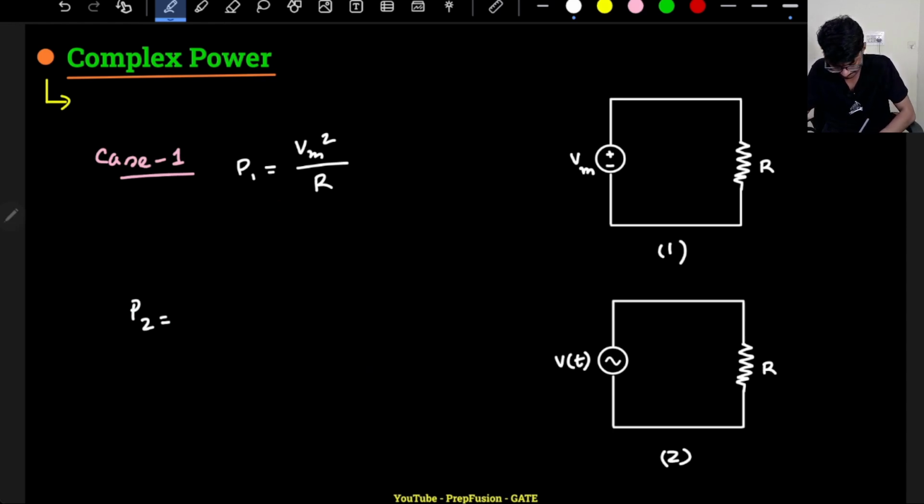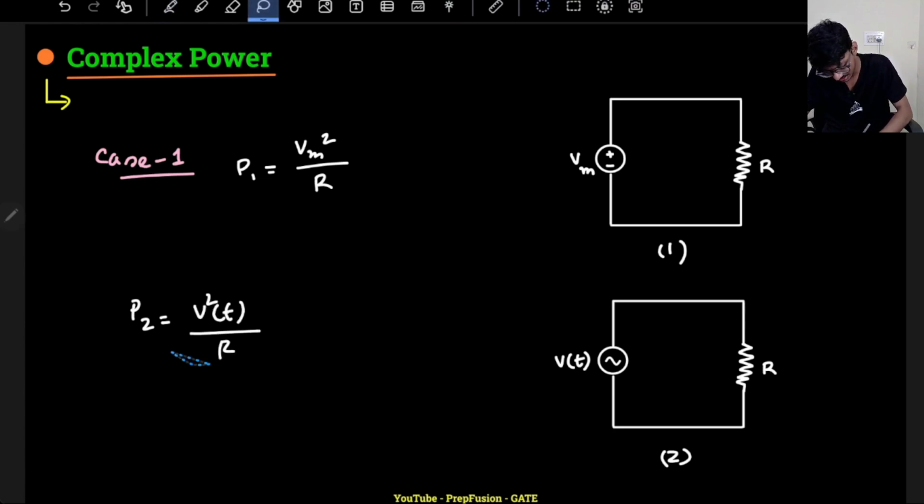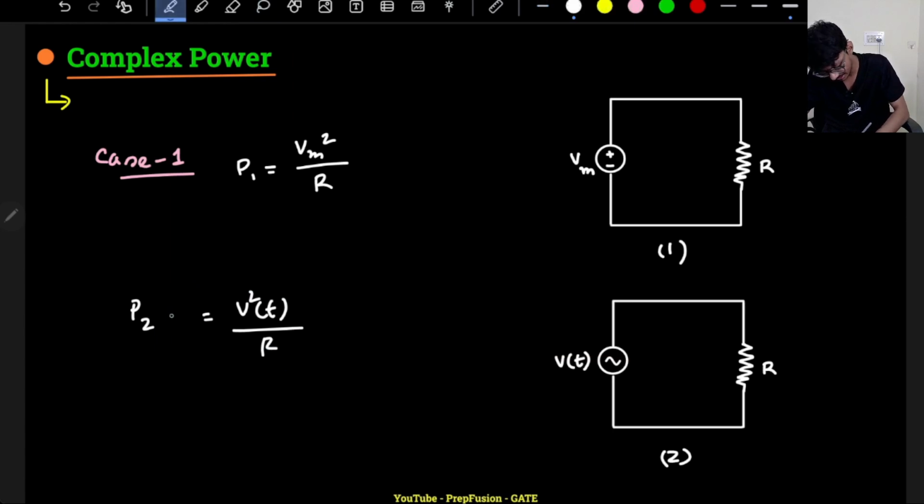It is simply V of t whole square divided by R. This is the instantaneous power. But what if I write just P2? Whenever I write just P2 without any brackets t, that means I am discussing average power. So this will be equal to the integration.